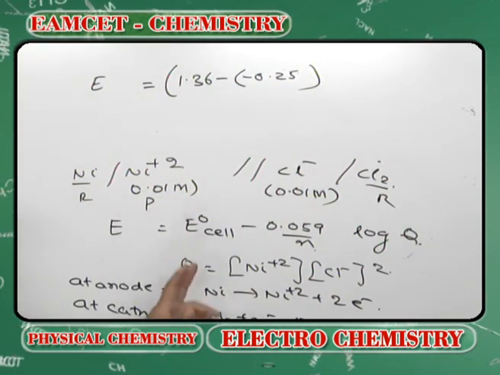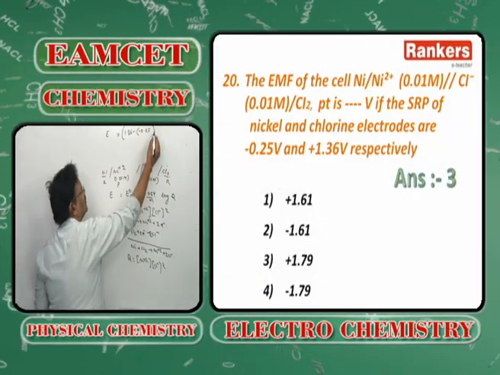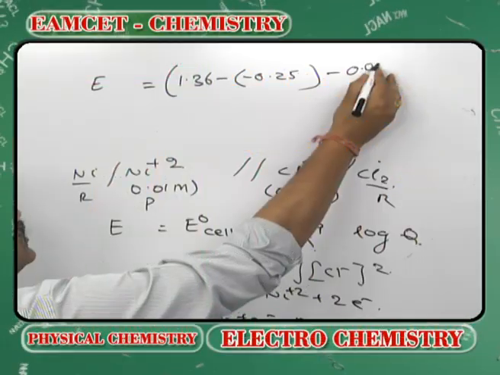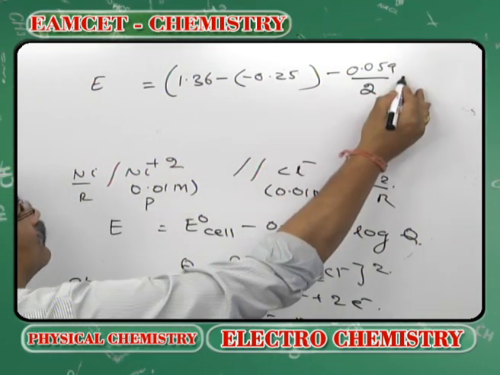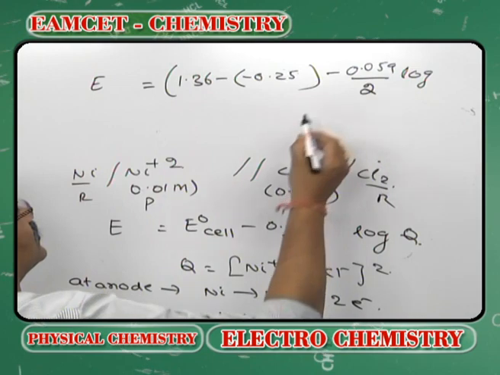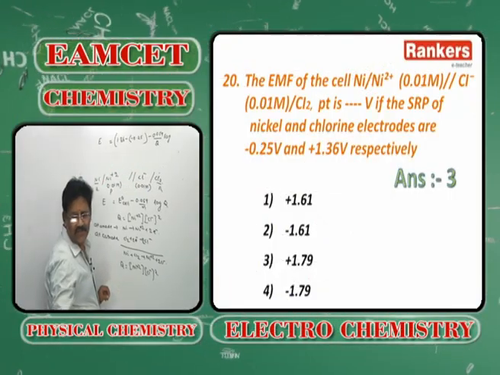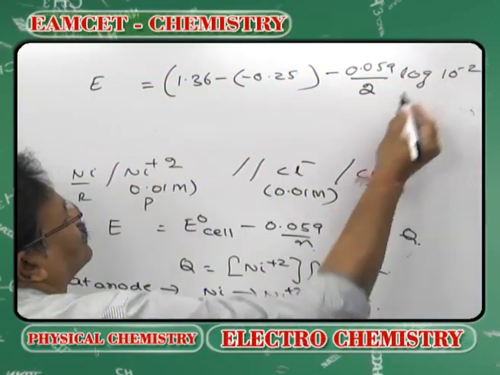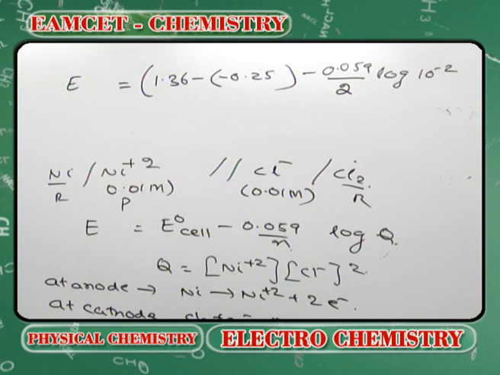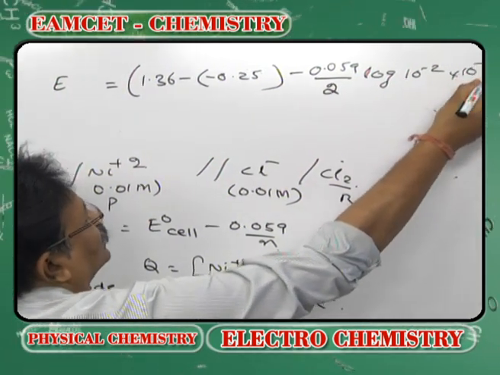For nickel it will be minus 0.25, minus 0.059 by N. What is N? 2. What is the nickel concentration? 10 to the power minus 2. What is the Cl minus whole square concentration? 10 to the power minus 4.